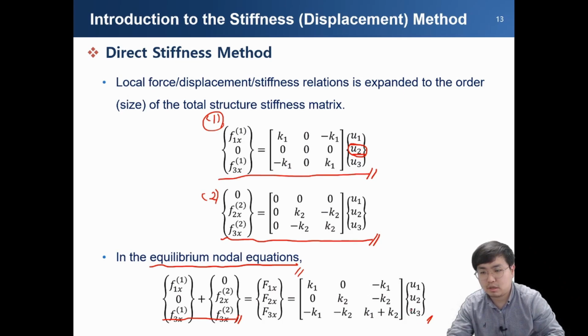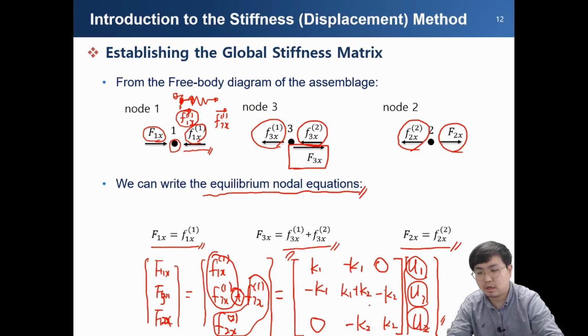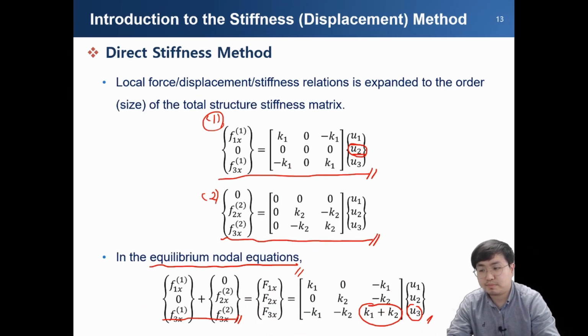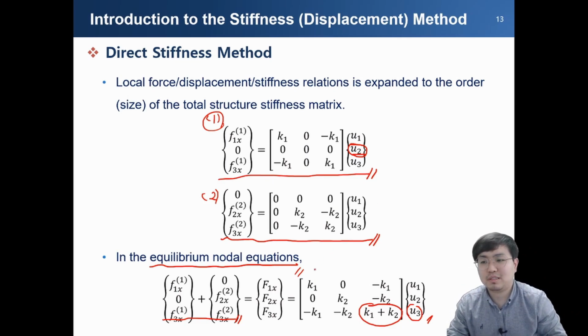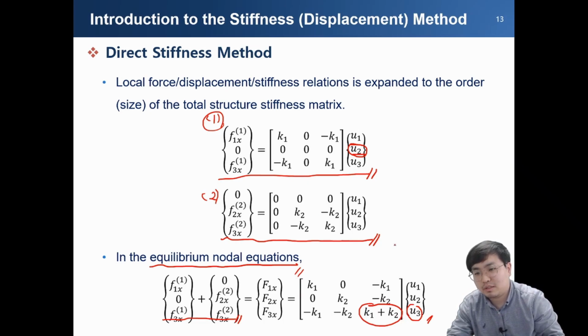So the U3 and 3 by 3 part here corresponds to this part in the previous slide. Depending on your assembly, we can finally obtain slightly different shapes of the global stiffness matrix. However, this is a result from using a different node index order.